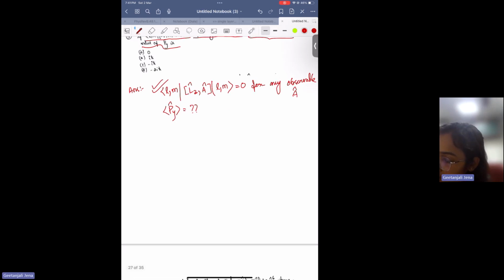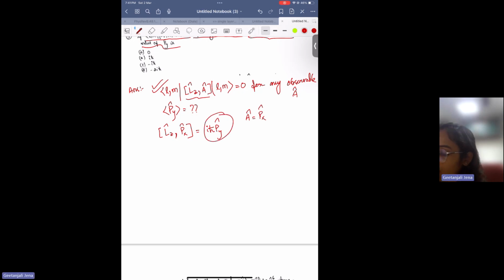You know that if A is Px, then the commutator is nothing but i h cut Py. It is given that this condition is valid for any kind of observable A, so I have taken the observable A equal to Px.